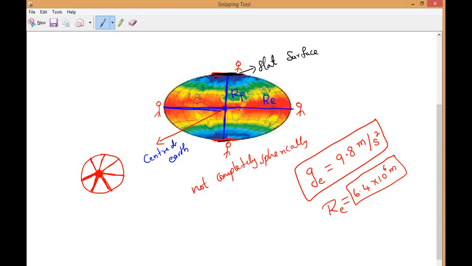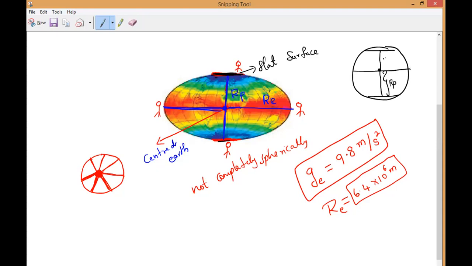So that you can see, I will try to draw it. I have one circle. Now at the poles, I will make it into a flat surface. Now will the radius decrease or increase from the center? Just check it. All of you. Nobody will answer?